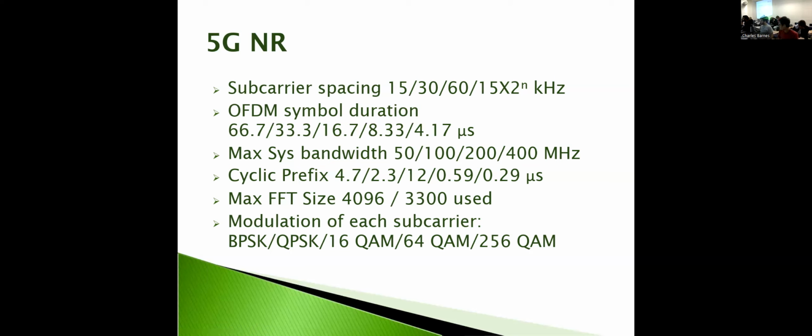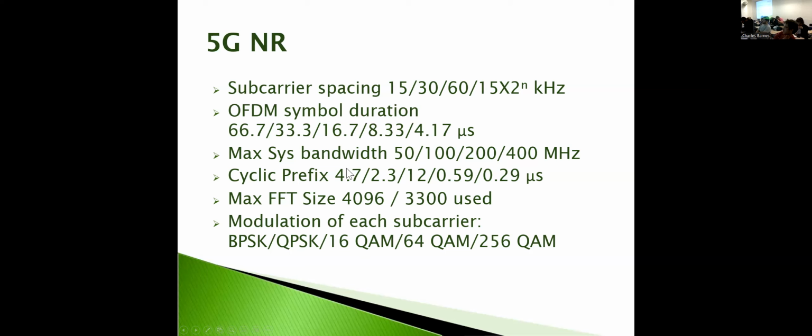It's a constraint to be able to build an ADC at wide bandwidths, high sampling rates, and still have enough bits of resolution to support high order modulations like 256 QAM. So really it's the improvements in silicon technology that's allowing us to go to these wider bandwidths.